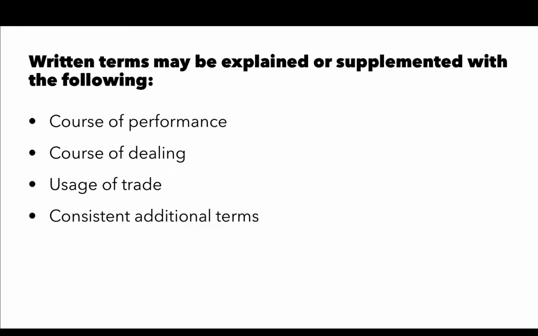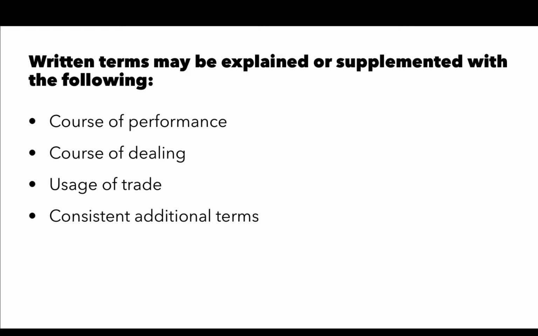And finally, we can look at consistent additional terms. If the written contract is not the final and complete agreement of the parties, terms that do not contradict and would explain the writing, such as those in an email or a text or some other form of communication, even if those terms are not included in the final agreement, they may be evidence of what the parties were planning to include in the agreement.